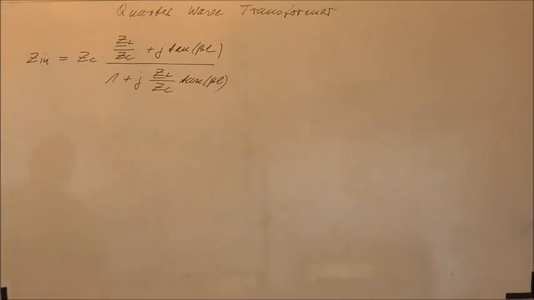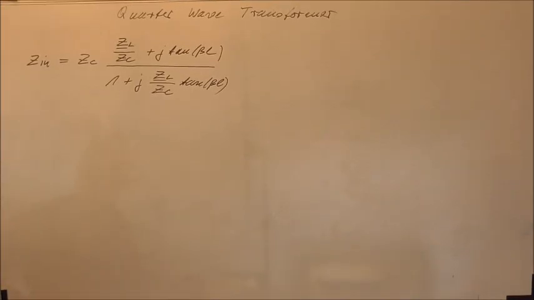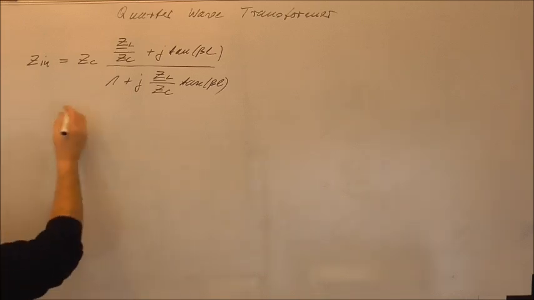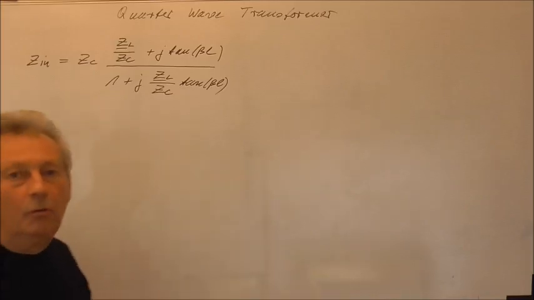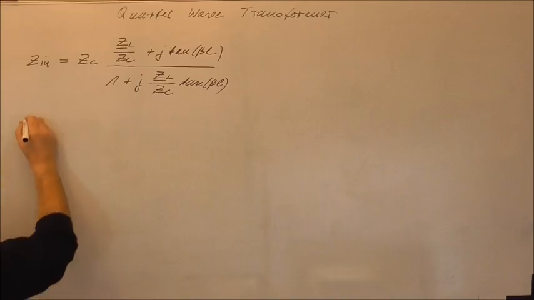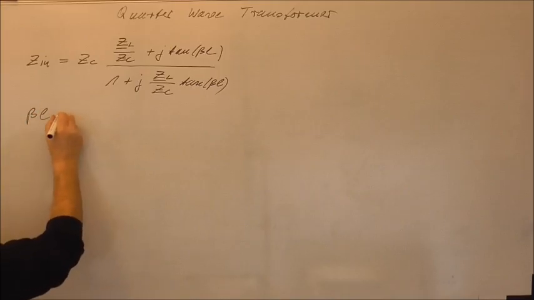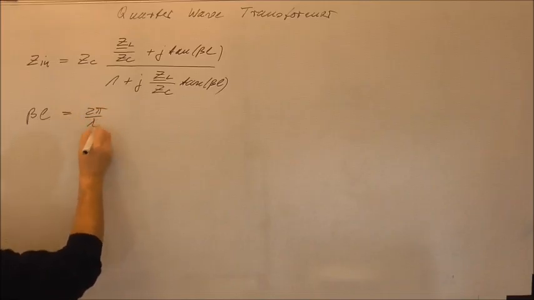Now I want to discuss with you a further special application, the so-called quarter wave transformer. In this quarter wave transformer, the length is chosen equal to a quarter of the wavelength on a transmission line. So you know that we have beta times L, where beta is 2 pi over lambda.